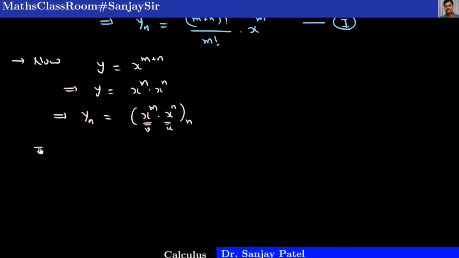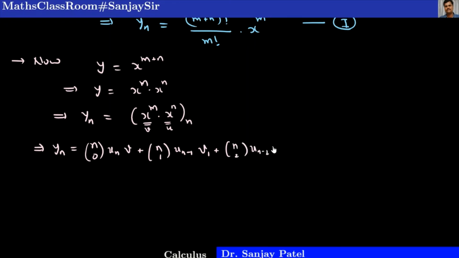So this implies we get yn is equal to, on the right hand side we will apply the Leibniz theorem for this product. So I can write it as nC0 into un v as it is plus nC1 un minus 1 into v1 plus nC2 un minus 2 into v2 plus and so on plus nCn into u into vn.